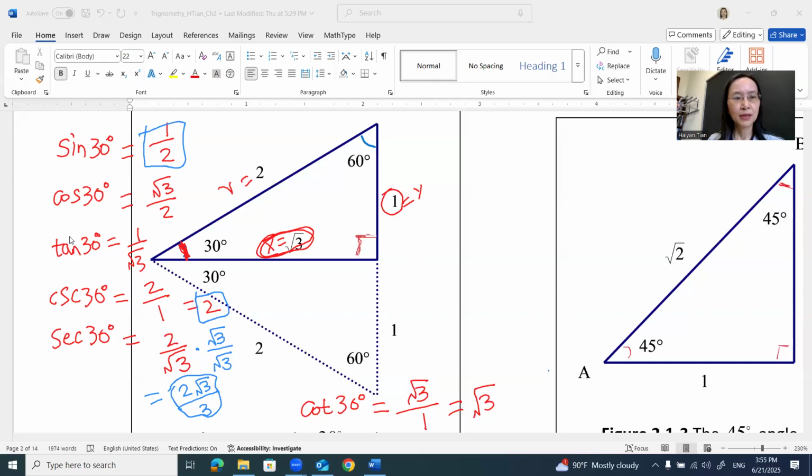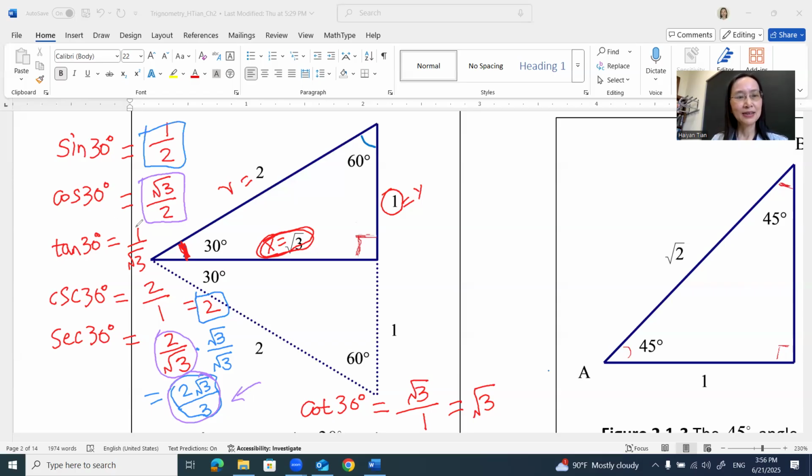And if you look at cosine, which is half of square root of 3, and secant, it's the reciprocal of the cosine value. After rationalizing the denominator, we get the same value, but in a different form.